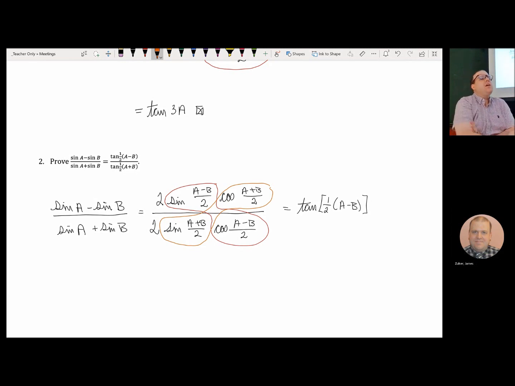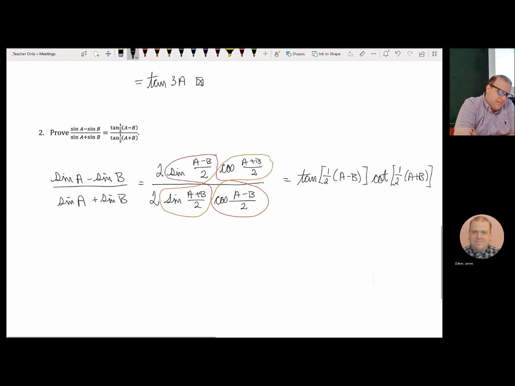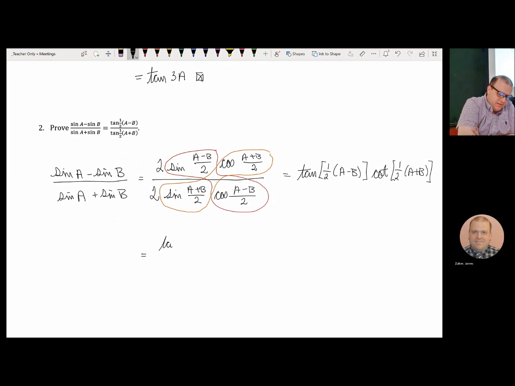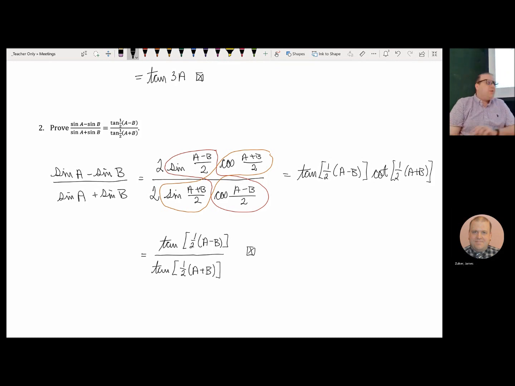Then we have cosine over sine, which is cotangent. Cotangent is 1 over tangent. And so we've achieved our desired result.